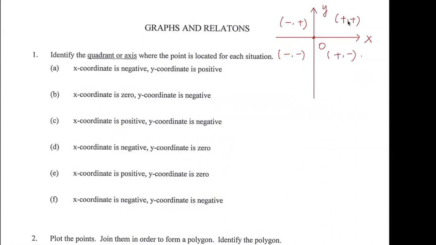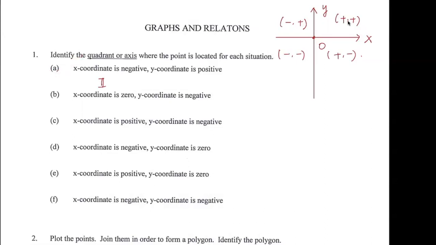But it also says the y coordinate is positive. So the answer should be the second quadrant, because only in the second quadrant do all the points have negative x coordinates and positive y coordinates. This is what the question is asking.